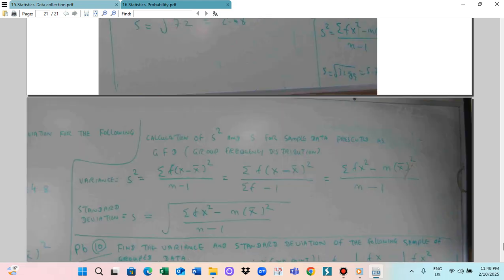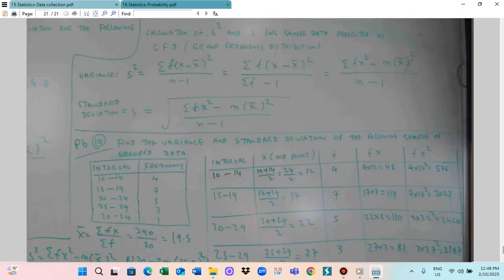Okay, this one we also calculate for the grouped frequency distribution. So s squared is equal to the summation of f times (x minus x bar) squared, divided by n minus 1. This is also equal to the summation of f x squared minus n x bar squared, divided by n minus 1.